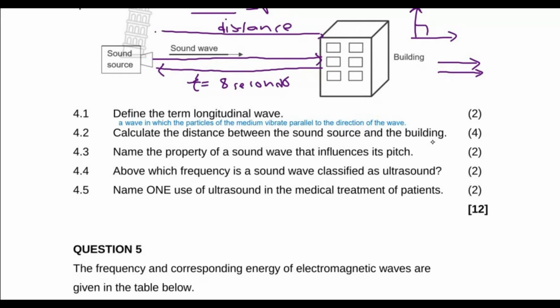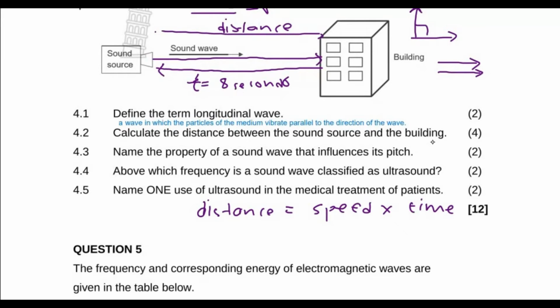So we know that the formula for distance is, what is it? The distance is equal to the speed multiplied by the time. But we want the distance here from the source to the building, but we're given the time from the source to the building and back.